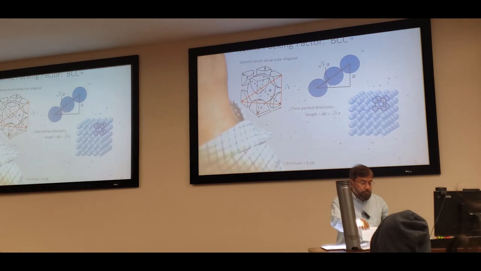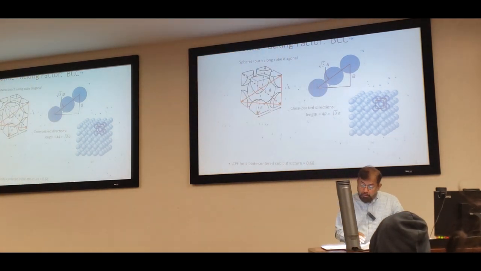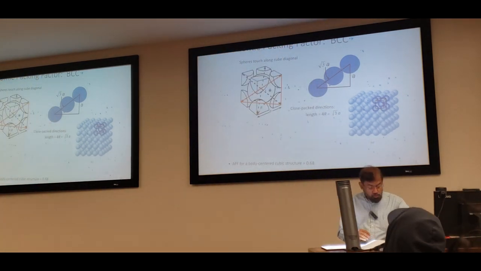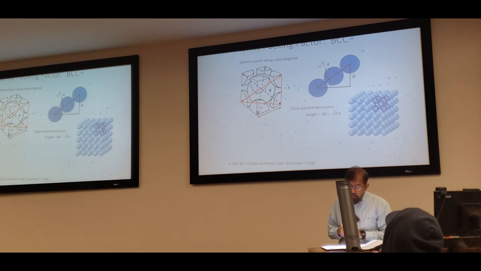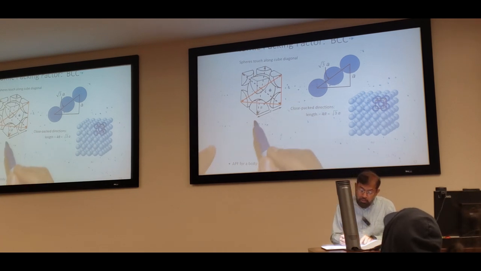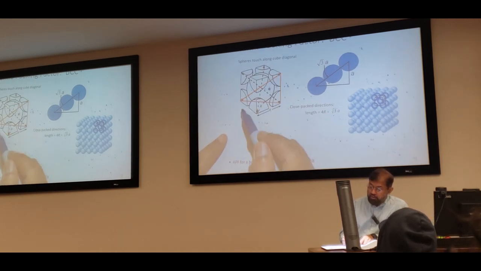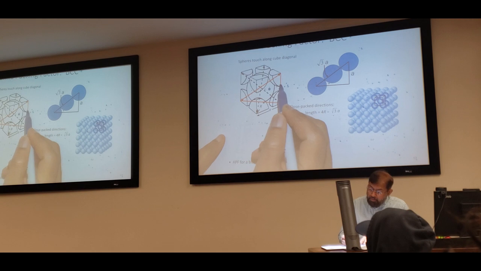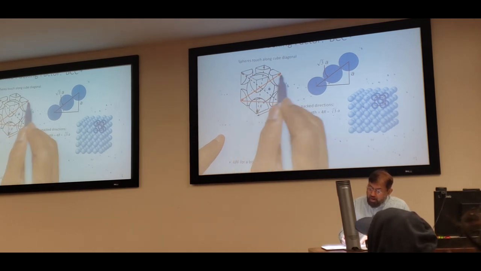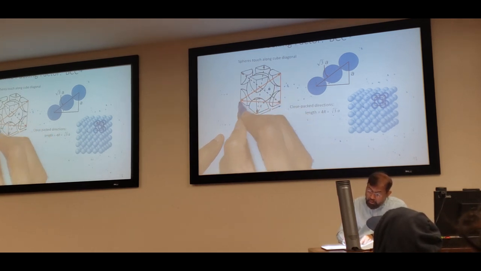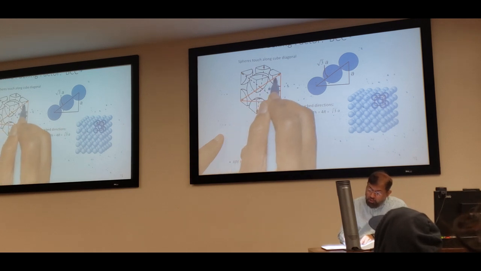Now the BCC structure. What about the BCC structure? Here you need to find the touching atoms. That is the reason you need to find a triangle along the axes where the atoms are touching each other.